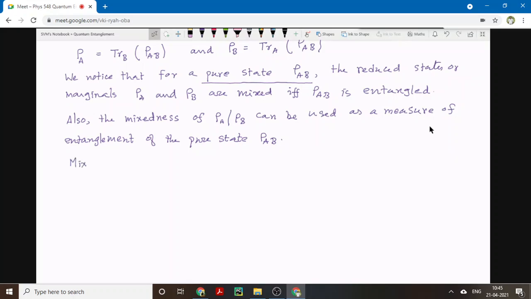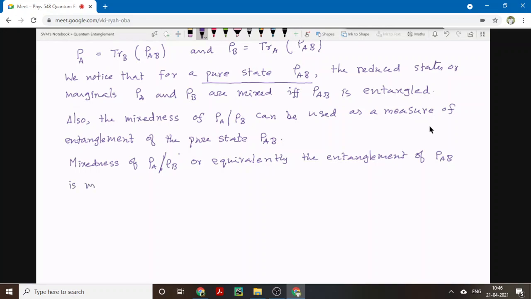The mixedness of rho A or rho B, please understand this is not rho A by rho B, rho A or rho B, is equivalently the entanglement of rho AB.